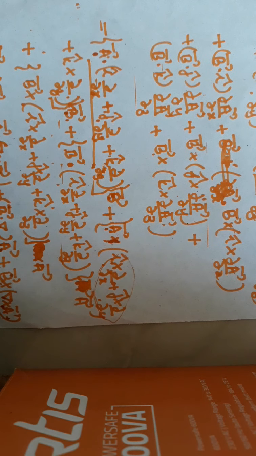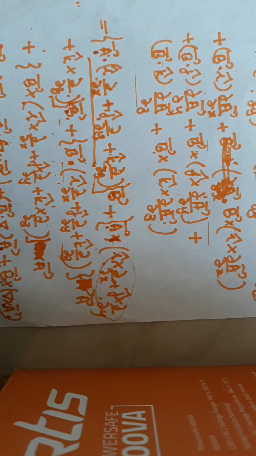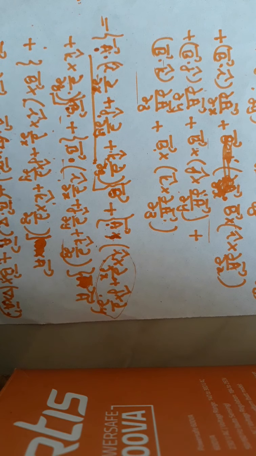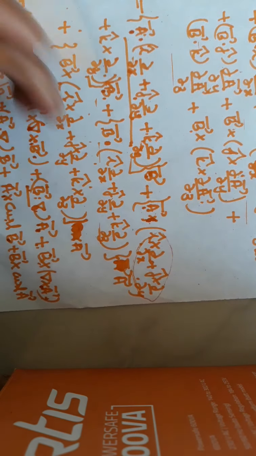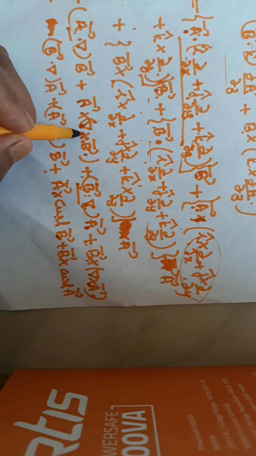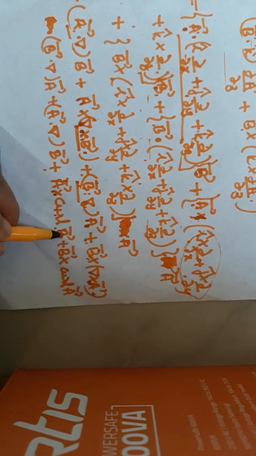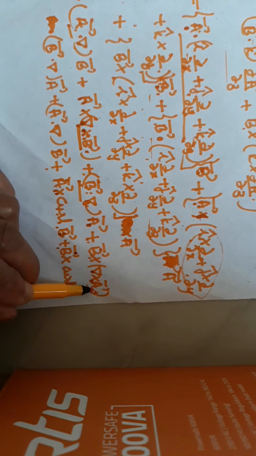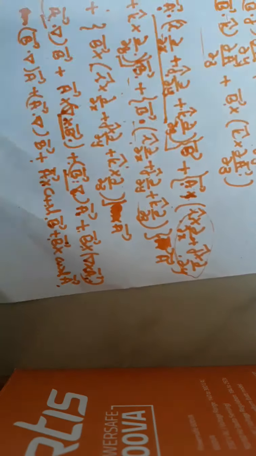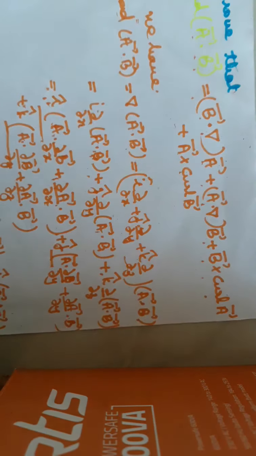So therefore you write first this plus, but this del cross b bar is nothing but curl of vector b bar. So you have a bar cross curl of b bar plus b bar cross del cross vector a bar, which is curl of vector a bar. So this proves that the gradient of a bar dot b bar is equal to this value.